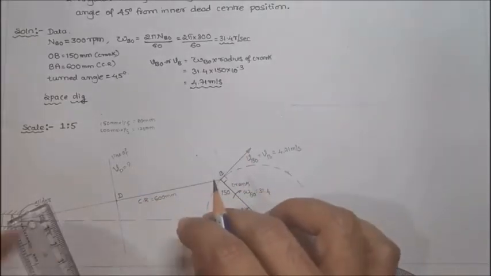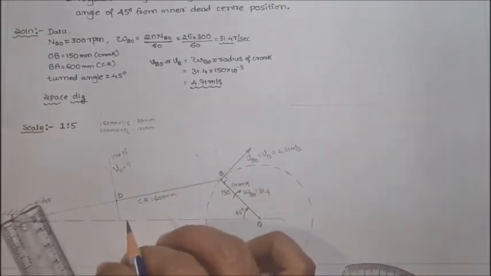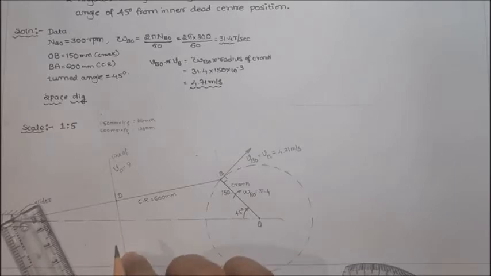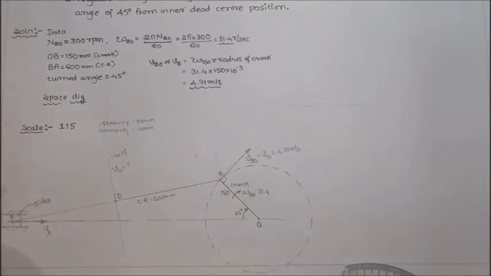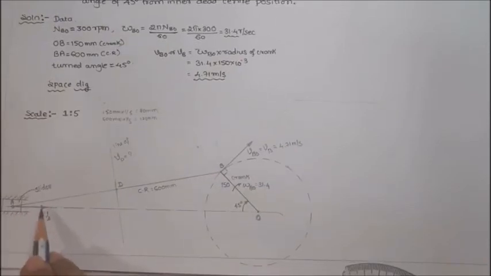Then we have to know the next velocity, of the slider. We know the velocity of the slider here, so it will be in this direction. It is from here, so it will be coming in this direction. This is also known to us.